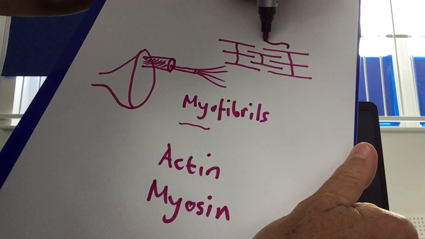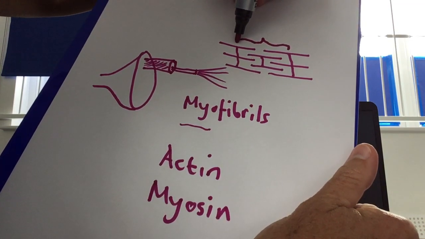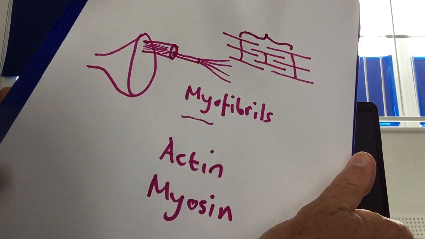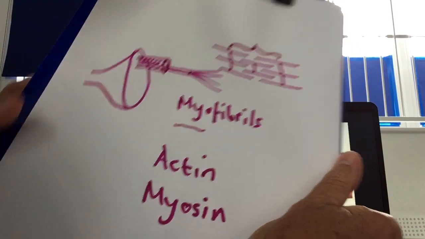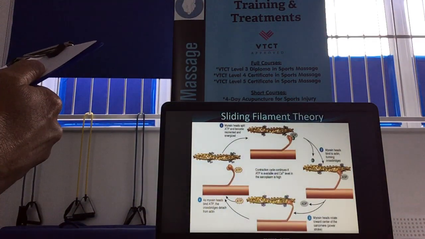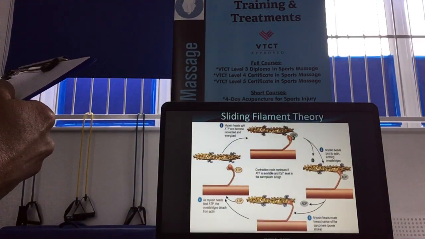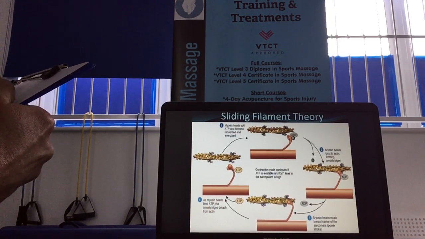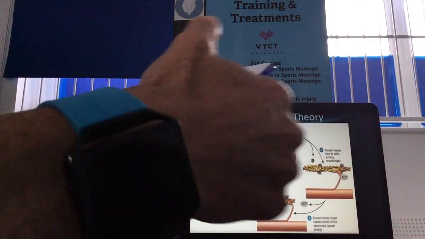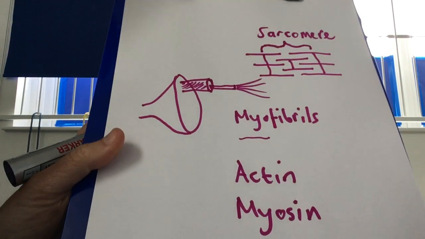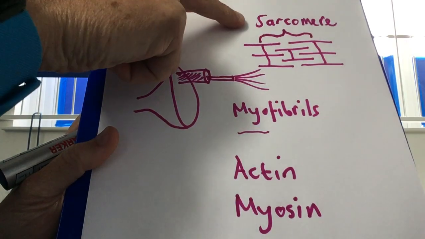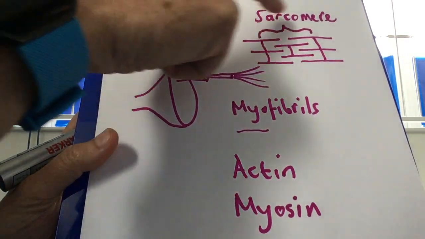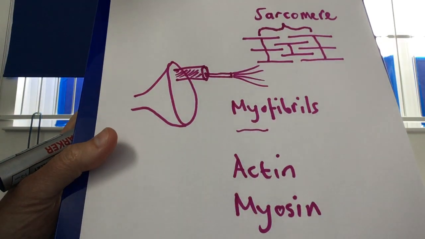One whole unit. This is one whole unit from there to there. And that is called a sarcomere. Sarcomere. So I've already got 4 things written on here. They're going to be really important for the exam. A sarcomere is a unit that makes up a myofibril.